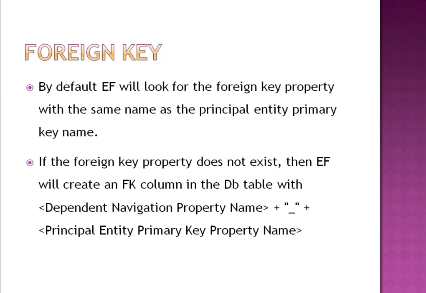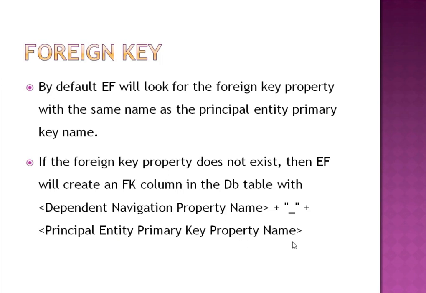In the database first approach we also saw this concept, where that part gets created automatically for us, but in the code first approach we have to specify the navigation properties too. So if you specify the navigation property but not the foreign key property, the foreign key name will be the dependent navigation property name, underscore, principal entity primary key property name.